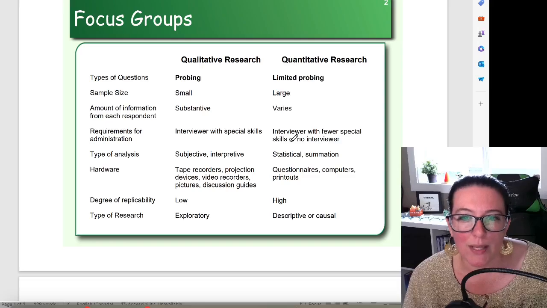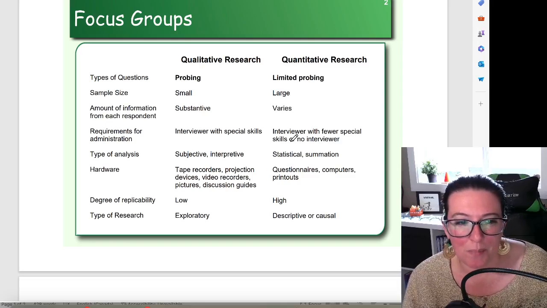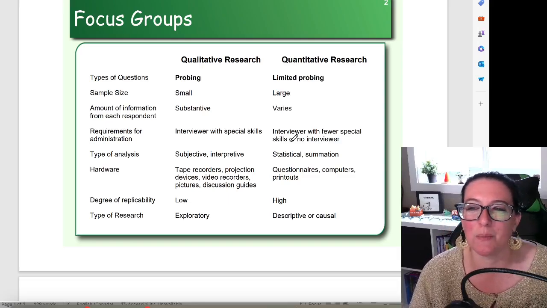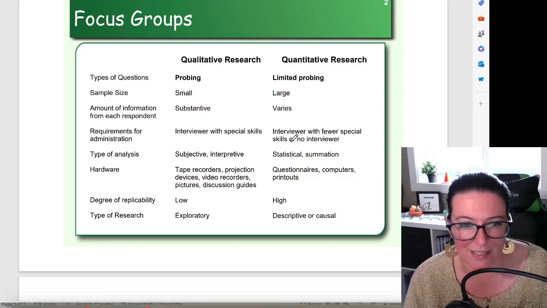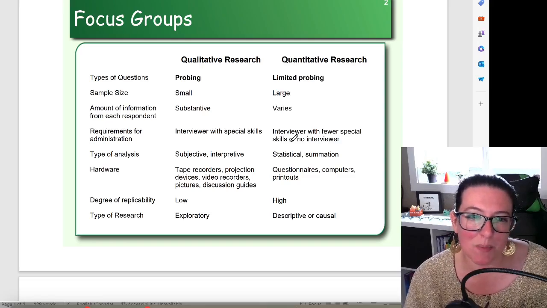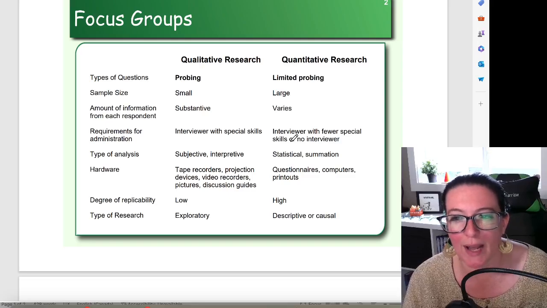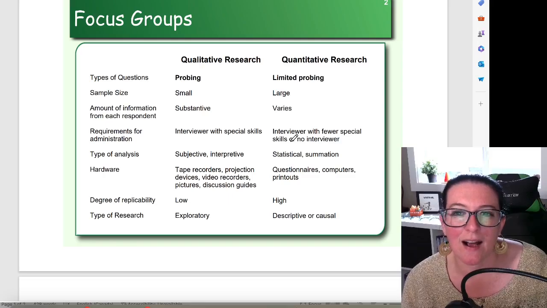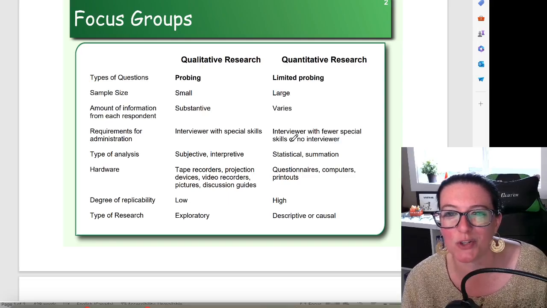Right? So that's why we're using it for exploration, because we can't necessarily repeat the process with others if we're asking people just to brainstorm or give ideas. But because it is a small sample, we can probe, we can ask people for examples, we can find out why they feel certain ways. It is a much closer relationship between the participant and the researcher.